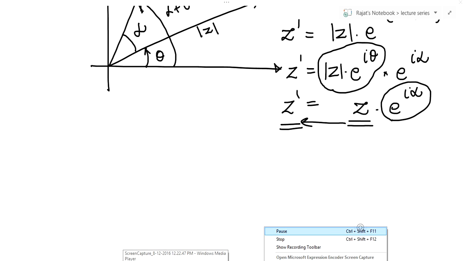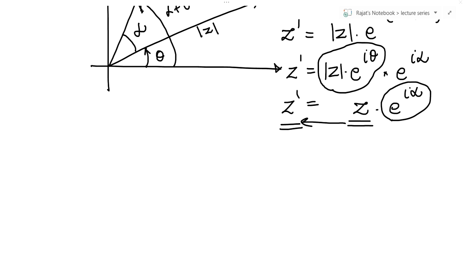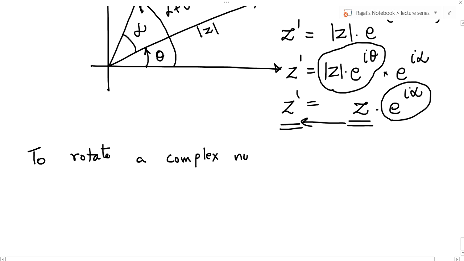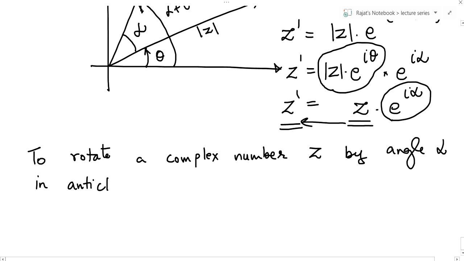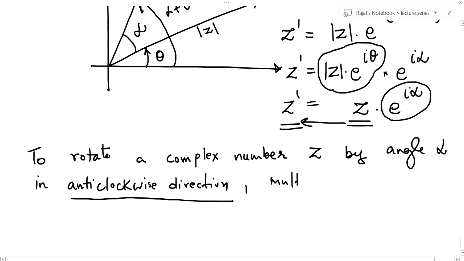So to rotate a complex number z by angle alpha in anti-clockwise direction, and this is very important, I am rotating it in anti-clockwise direction, multiply z with e to the power i alpha.